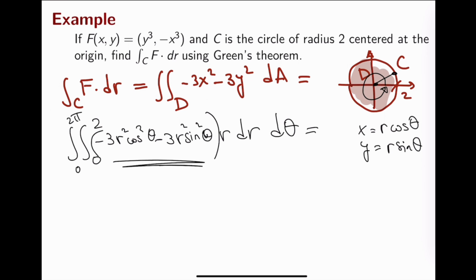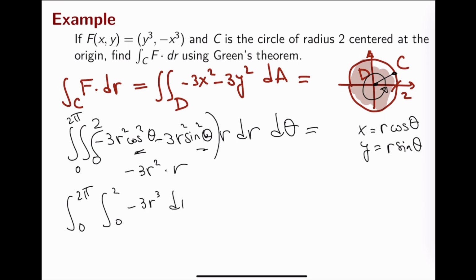So first of all, let's do the algebra here. We're going to get minus 3r squared, and then we have sine squared plus cosine squared, right? So inside of the parentheses, we'll have just minus 3r squared, and then we have times this other r here. And so this is going to be the integral between 0 and 2 pi of the integral between 0 and 2 of minus 3r cubed dr d theta.